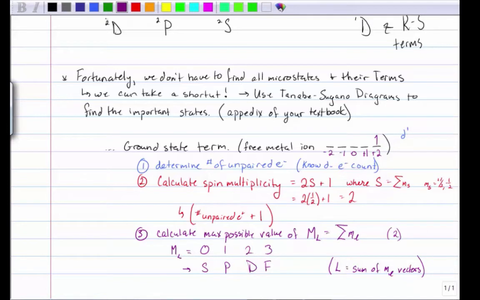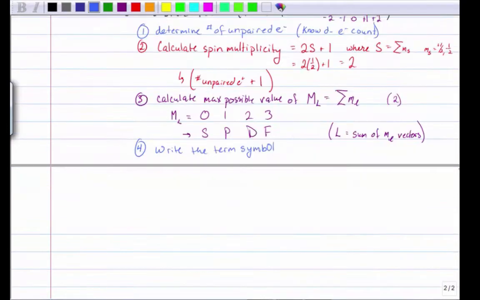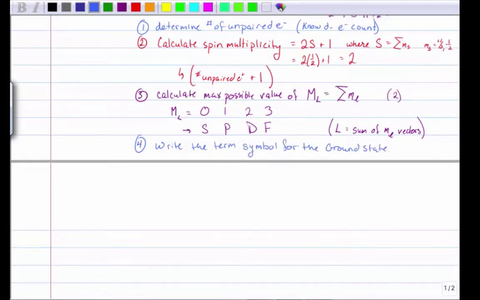And then the last thing to do here is to simply write the term. After you've gone through step 3, you have all of the materials you need to write the term symbol. This is called the Russell-Saunders term. The term symbol is simply the letter for the capital L value, and your spin multiplicity that you calculated in step 2 is a superscript on that.